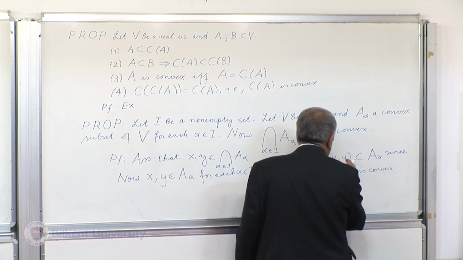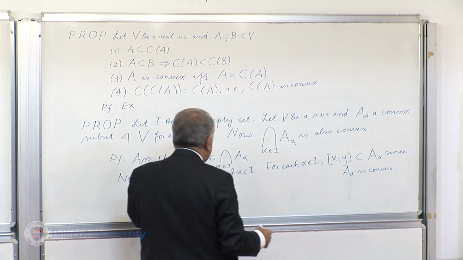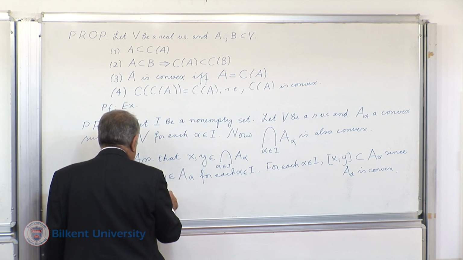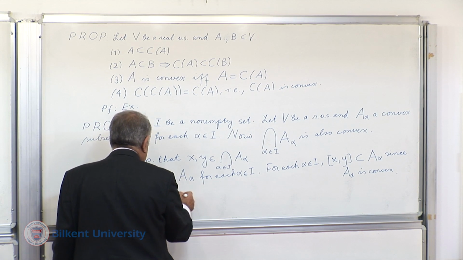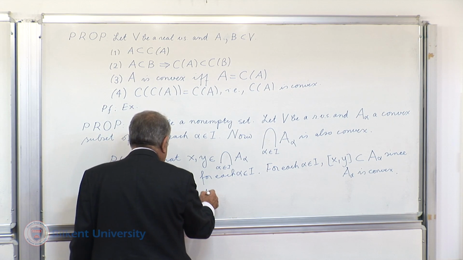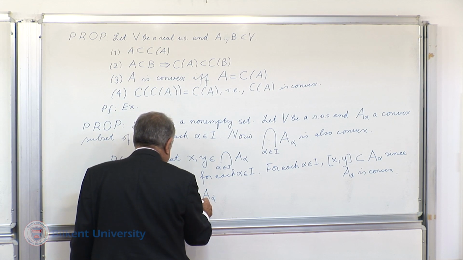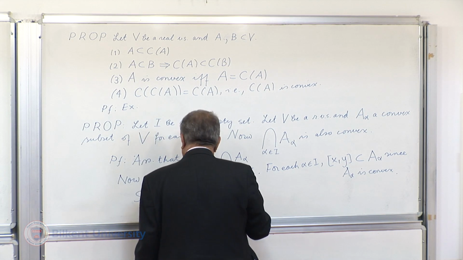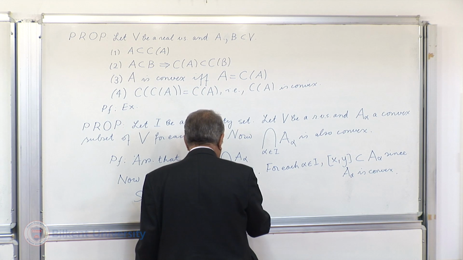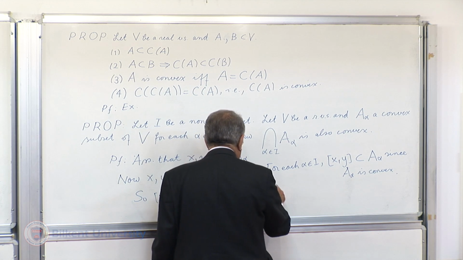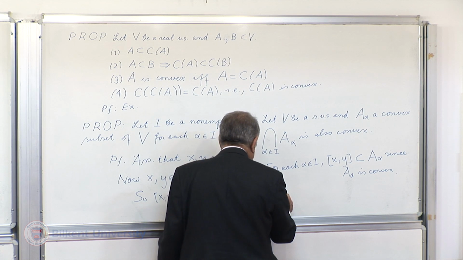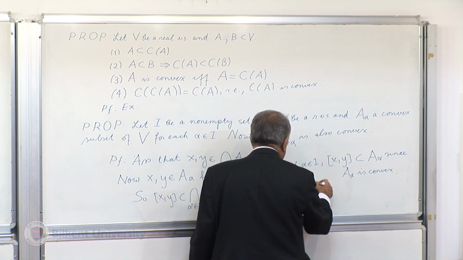But then this is a subset of each of these A alphas, so it is also a subset of their intersection. Thus, this intersection is convex.